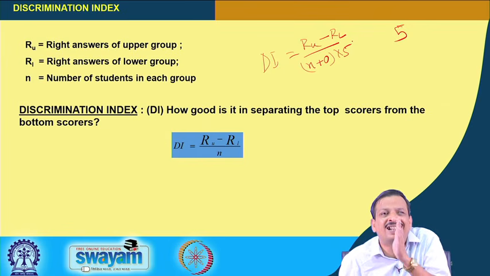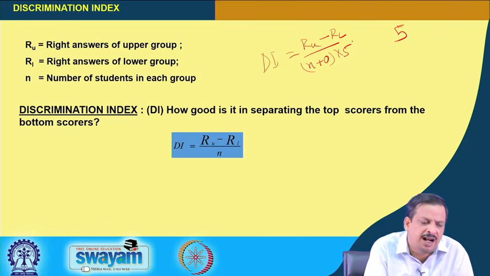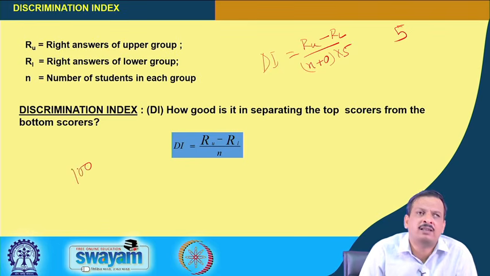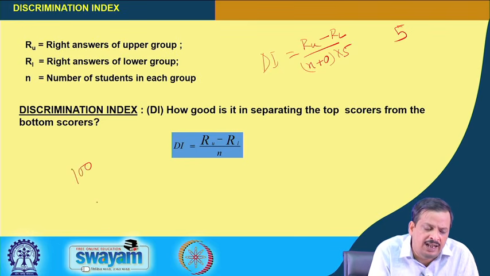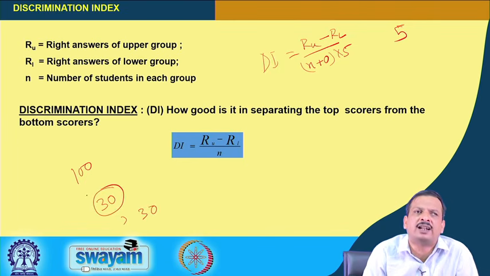Here I am not taking n plus n, because discriminative index means only the upper group can give the answer. So, if there are 100 students in my class, and upper group is 30, lower group 30, only upper group students give the correct answer.